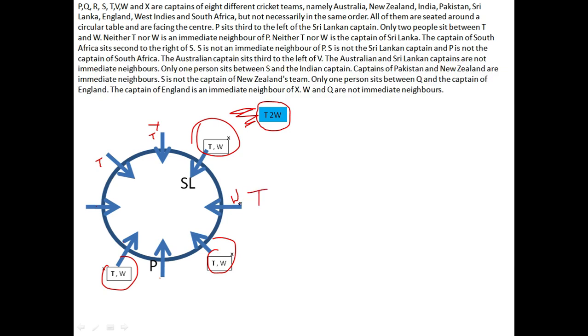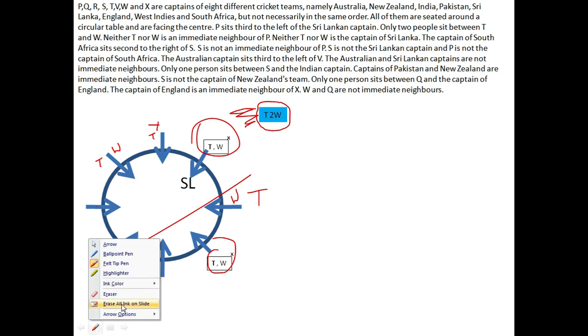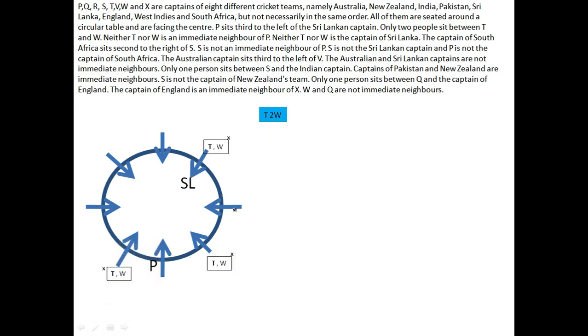If T is at this position, then W has to come at this position, which is not possible, or W has to come at this position, which is another possibility. So taking this into account, what we can say is that T and W will come either at this position or at this position, which I just represented like this: T slash W or W slash T.